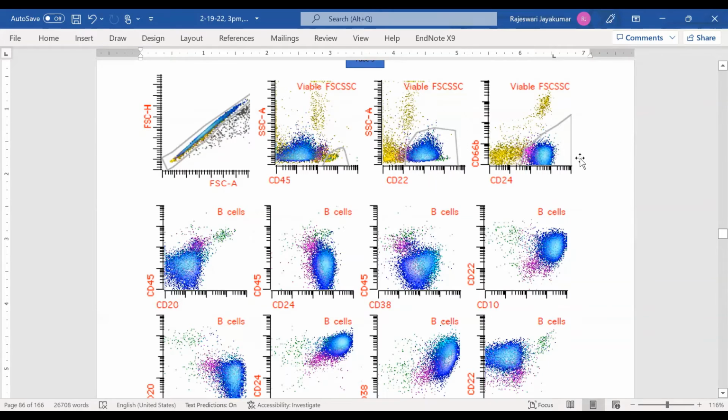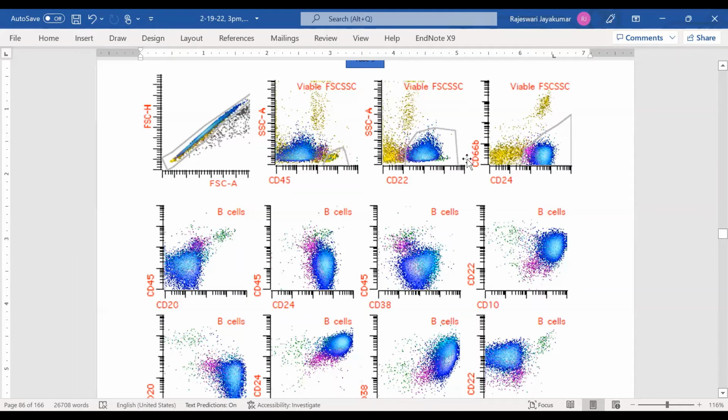CD24 is another marker that can be positive on both B cells, B blasts, hematogones, and granulocytes. So we have these populations here, and we know that our blasts are B lineage blasts, right? So we have B lymphoblasts that are positive for CD24, and we have granulocytes here that are also positive for CD24.